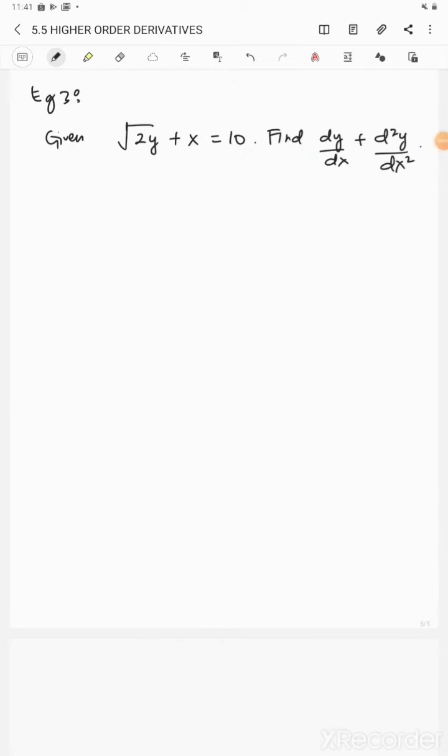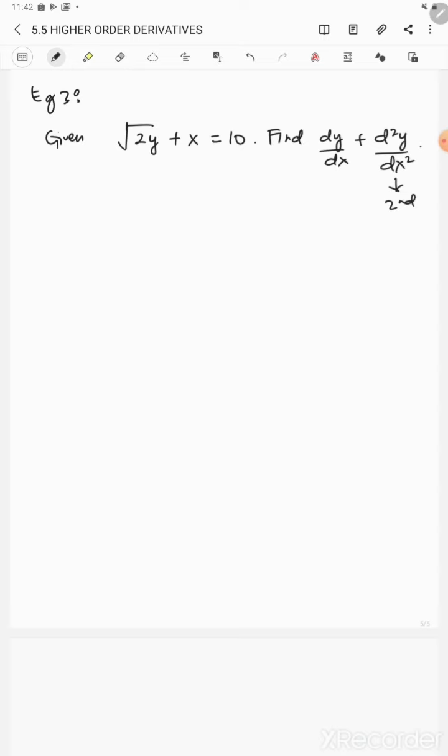This is example 3. Given square root of (2y plus x) equal to 10, find dy over dx plus d2y over dx2. When we see this kind of symbol, you have to find the second order derivatives.